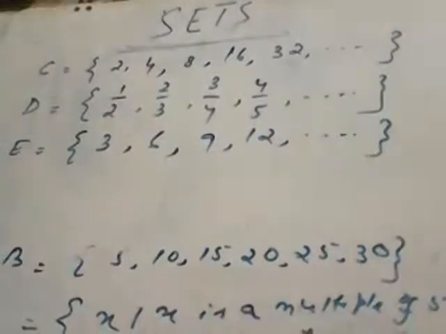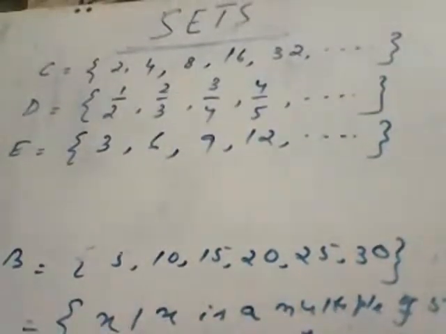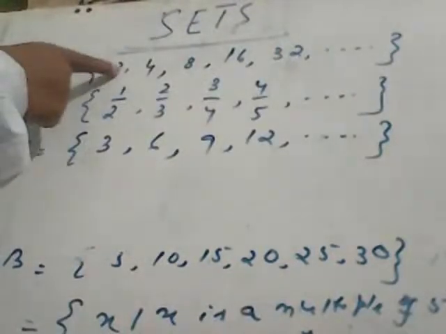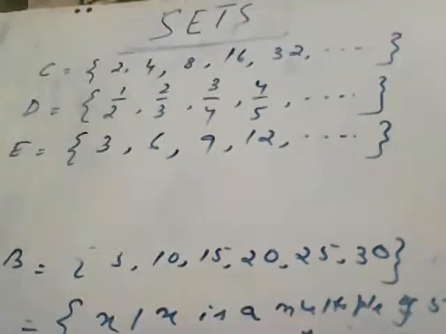After completing these three problems, whether it is visible or not visible, all three sets: set C is 2, 4, 8, 16, 32.